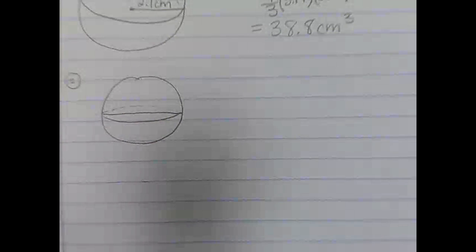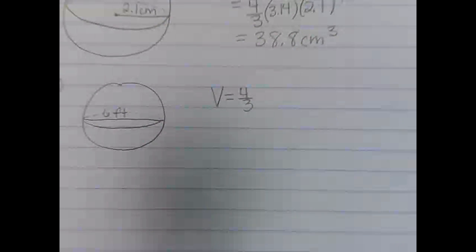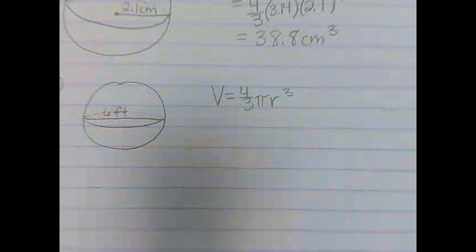Okay, so let's say you have another sphere and they give you something like this all the way across, which is the diameter. Let's say they tell you this is 6 feet, right? And I want to know the volume of this. So volume equals 4/3 pi r cubed.